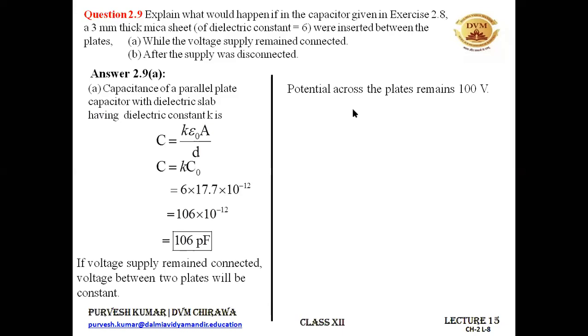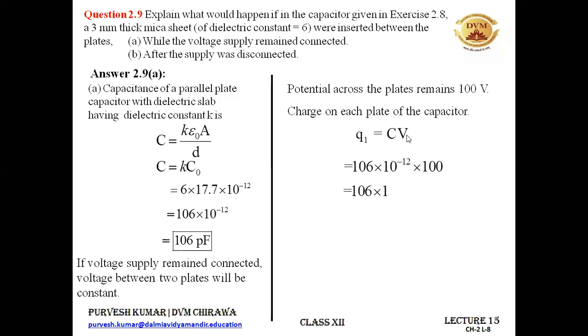So the charge on the plates of the capacitor can be calculated like this: Q1 is equal to CV. C was 106 picofarad because the capacity is increased now. The capacitance has increased. And the voltage was 100 volt only because you have connected the supply voltage of 100 volt and you have not disconnected it at all. It remained connected. So in place of V, I can write 100.